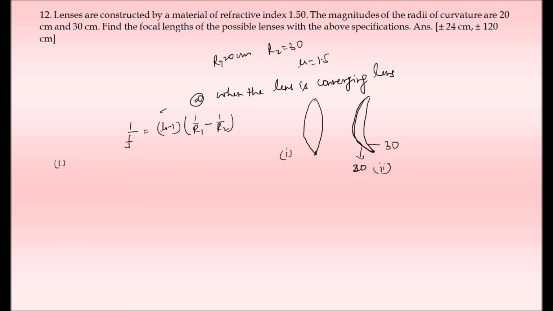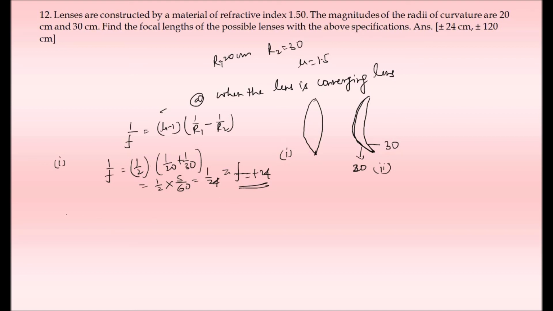So for case 1, we have 1 by f is equal to 1 by 2 into 1 by 20 plus 1 by 30. It is 1 by 2 into 5 by 60. It is 1 by 24. So focal length is equal to plus 24. So you see that the focal length comes with a positive sign. It means it's converging.